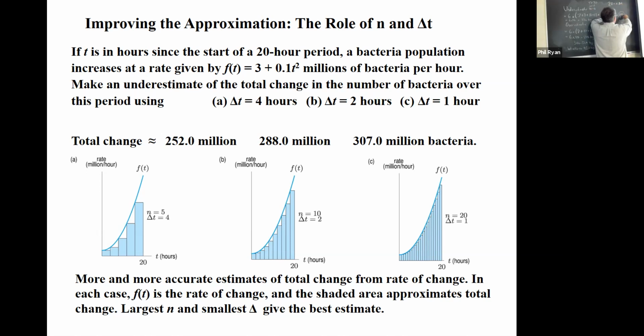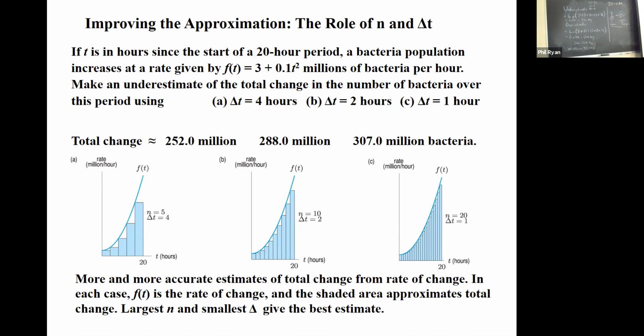If we have a delta t of 4 hours, if we sample every 4 hours, that means we need 5 rectangles, and here we see 5 rectangles. Here they're using the left-hand method, so this is going to be an underestimate. You total up the 5 rectangles and you get 252 million.